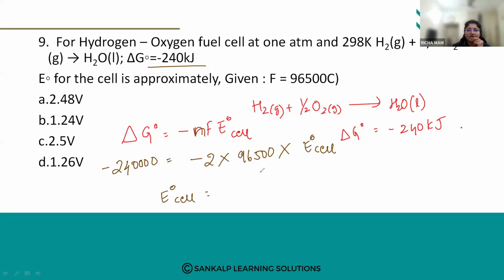So just see how much you're going to get. Minus 240,000 divided by minus 2 into 96,500. How much are you getting?